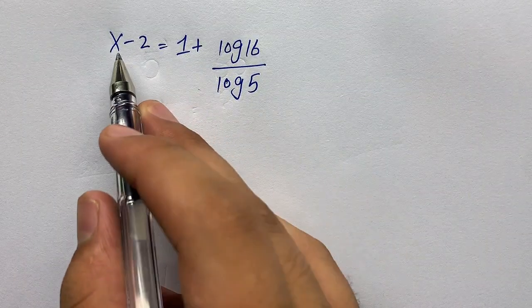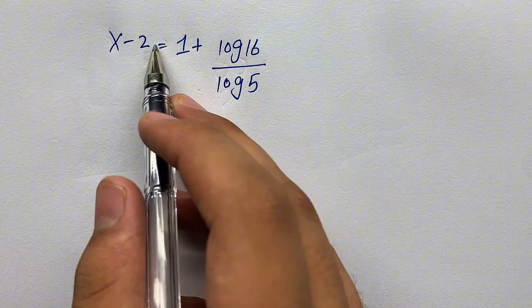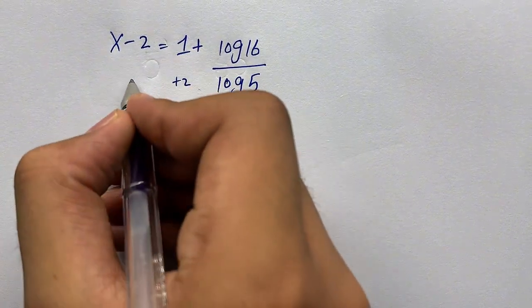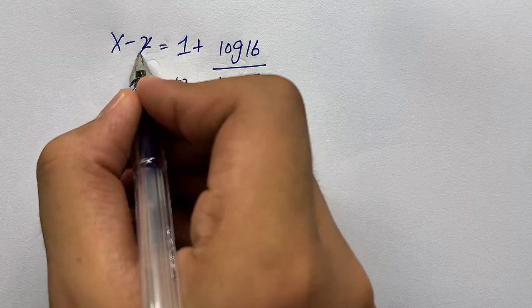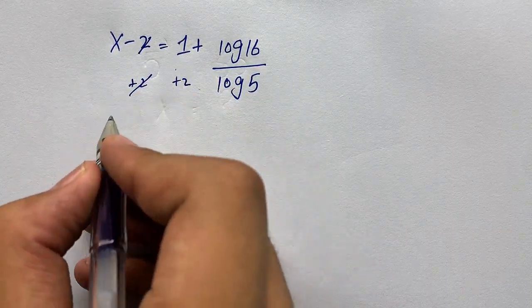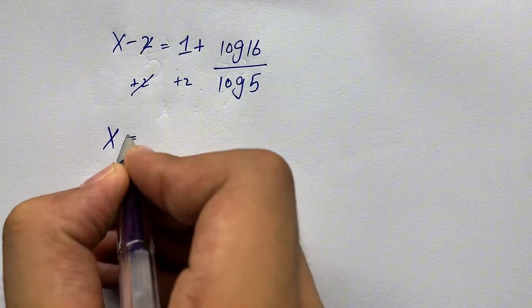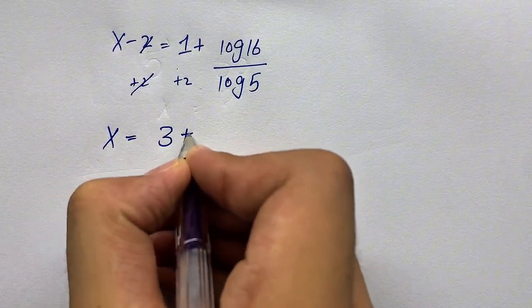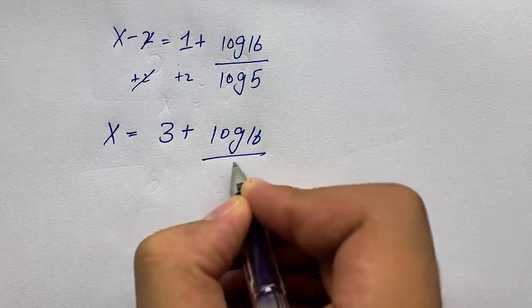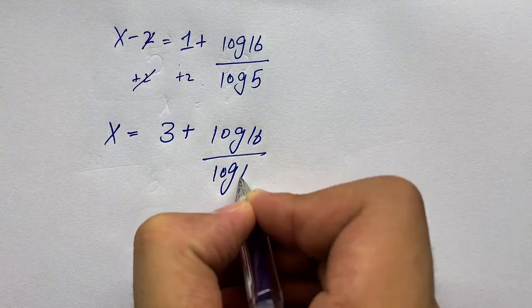Now we solve: x minus 2 is equal to 1. Add plus 2, this cancels with this, and this is 3. x is equal to 3 plus log of 16 divided by log of 5.